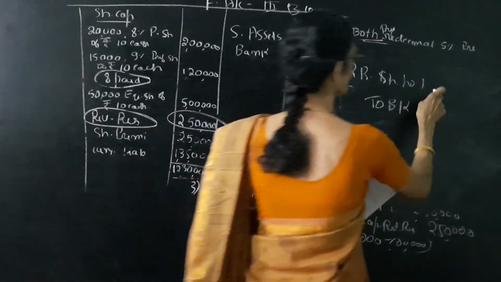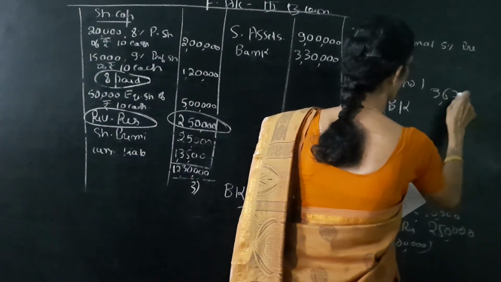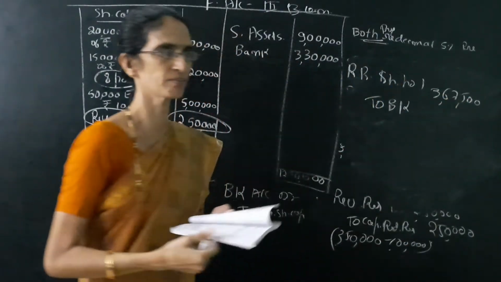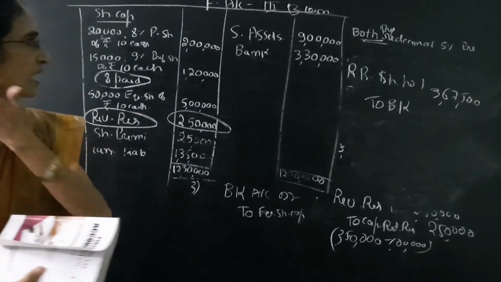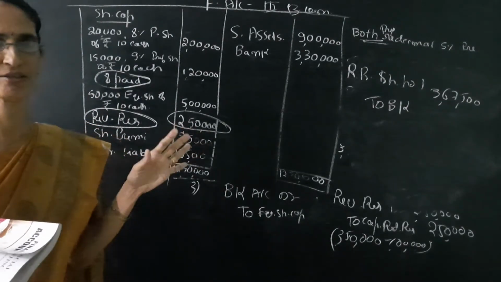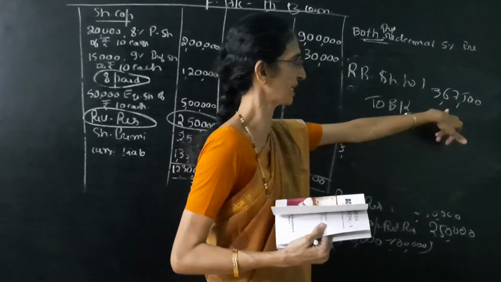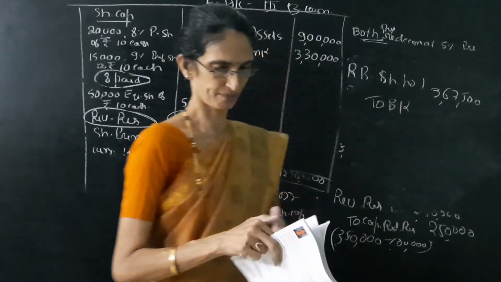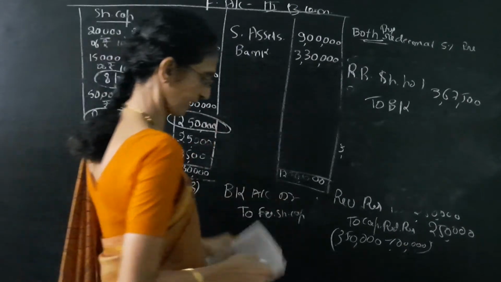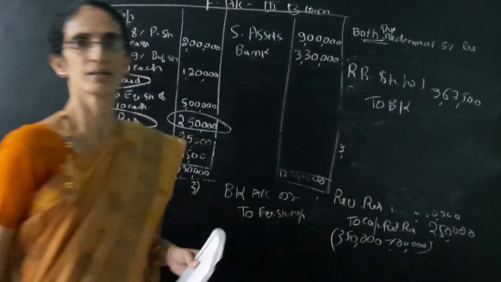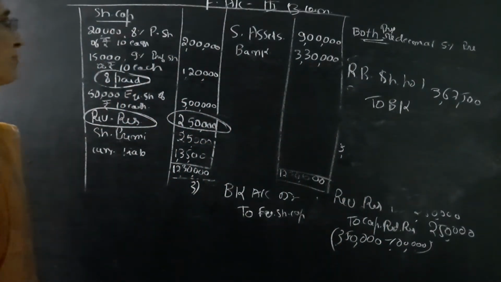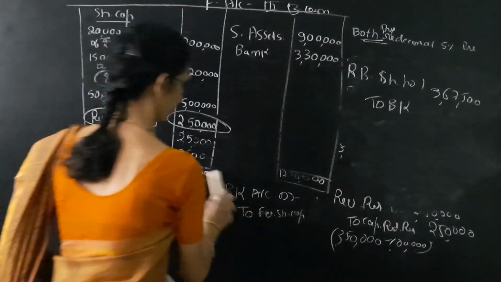We already saw capital plus premium we have to pay them. So the total amount to the preference shareholders is 3,67,500. So now we pay the redeemable preference shareholders to bank account 3,67,500. With the help of this journal entry, we can prepare a revised balance sheet after the redemption.